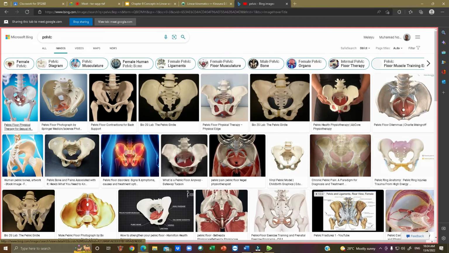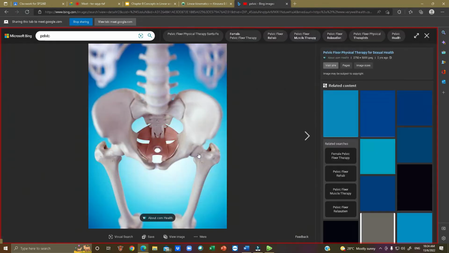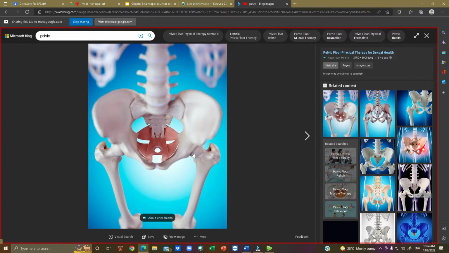Which make the motion at this axis only. Femur kita ni, dia tak boleh keluar ke sini. Dia tak boleh naik ke atas. Dia tak boleh ke bawah. It can only rotate. Itu angular motion.